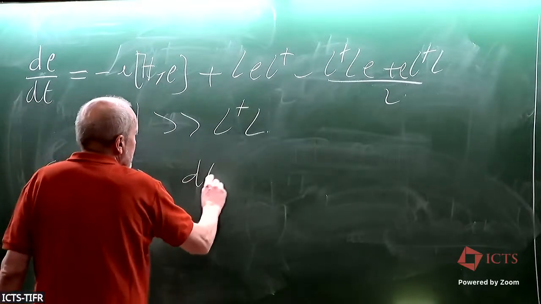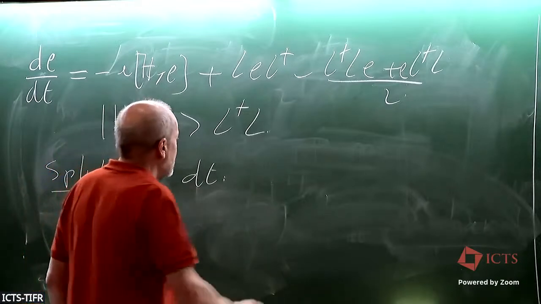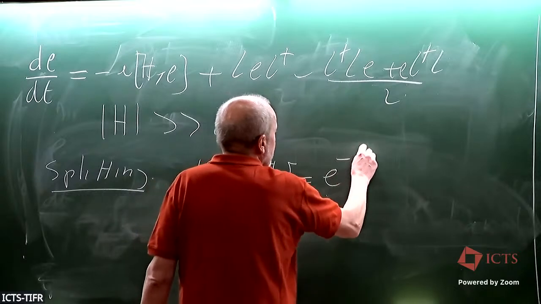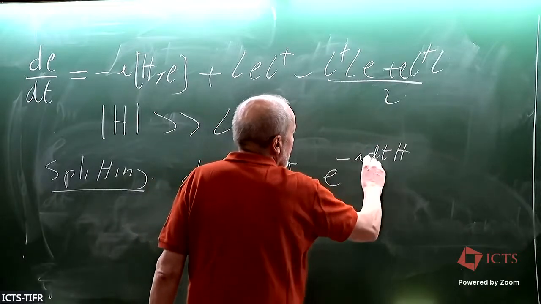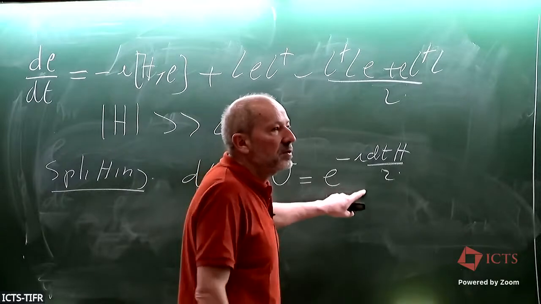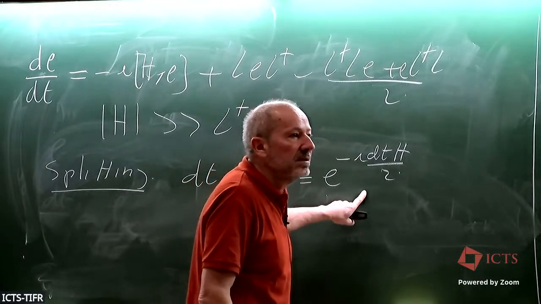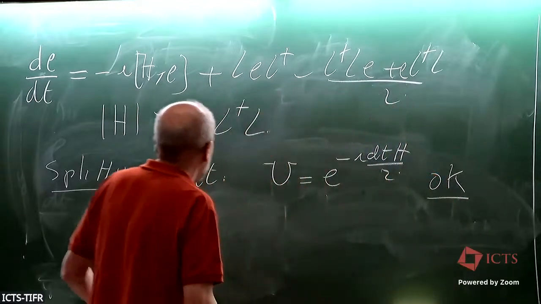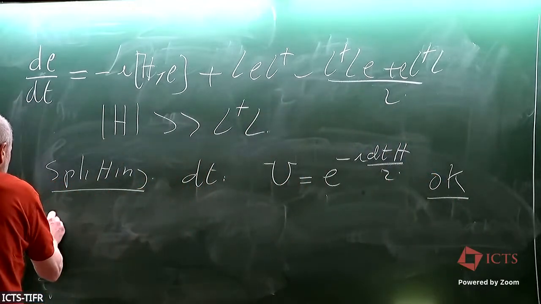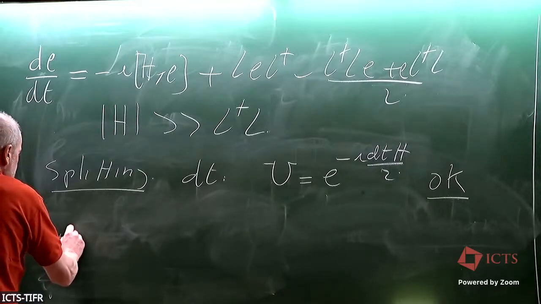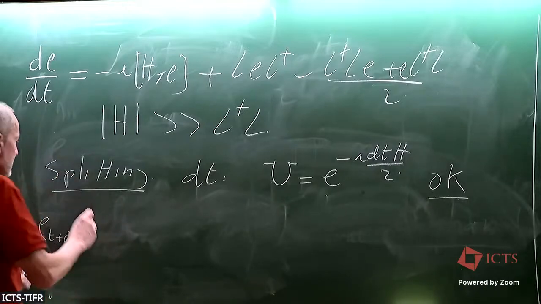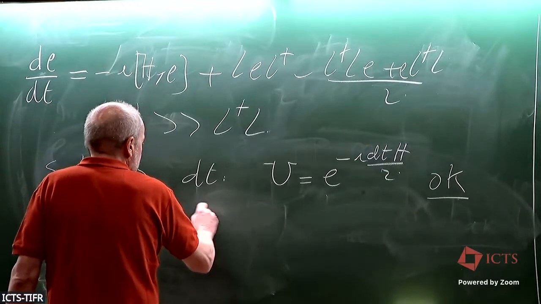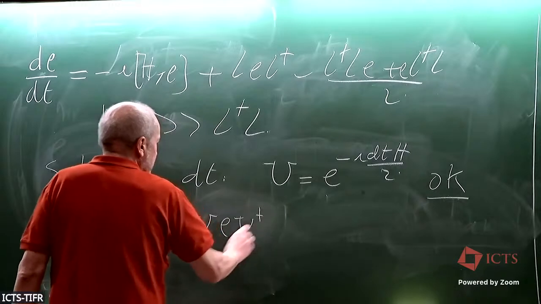You choose dt, and in this splitting scheme, you assume that you have u, which is exponential of minus i dt H over 2, and you can compute this with good precision. In this case, for rho of t plus dt, you first start with u rho u dag at t.